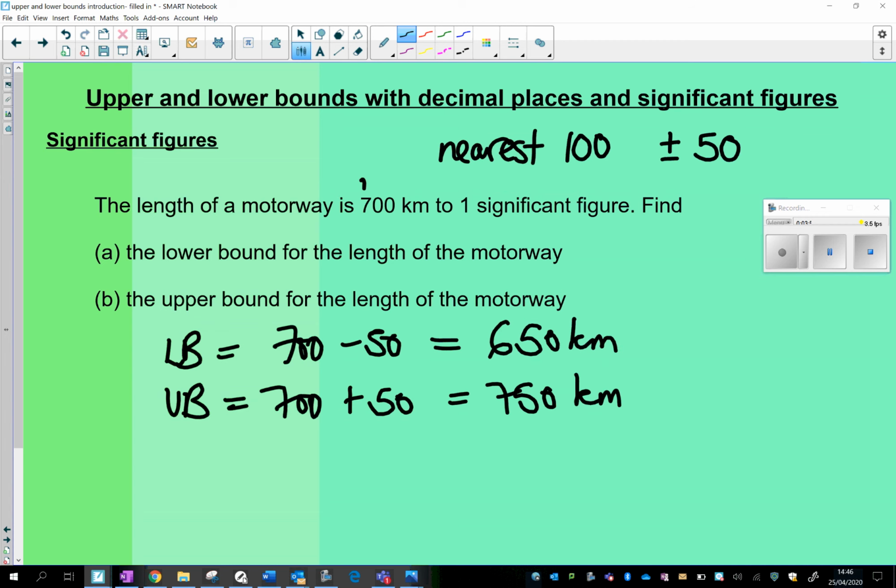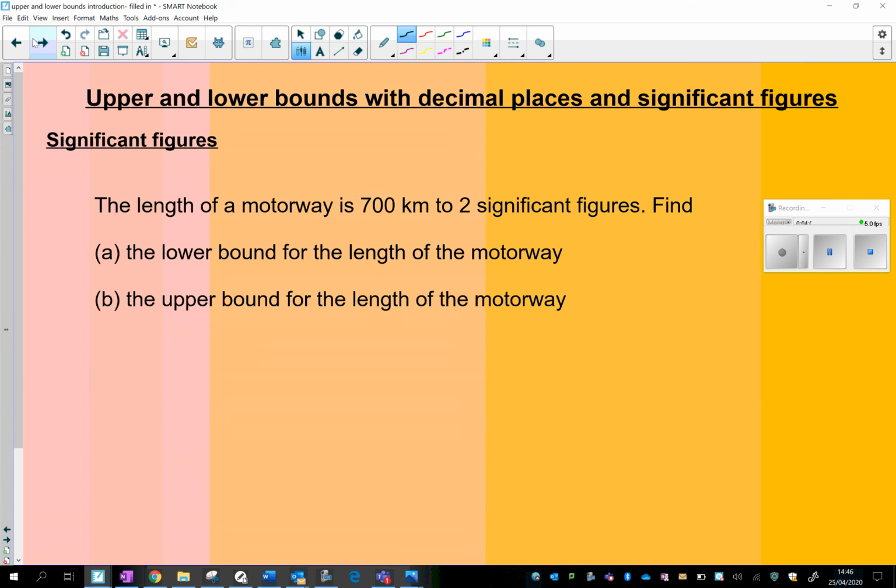Now the next two examples are very similar, as I say, but very different in terms of the number of significant figures. Let's look at the next one. Same motorway, but this time we're told it's 700 kilometers to two significant figures. So this time count from the beginning of the number, the first non-zero, 1, 2. The second significant figure, which is what we're interested in, is in that second column. If you think about it, we have hundreds, tens, and units.